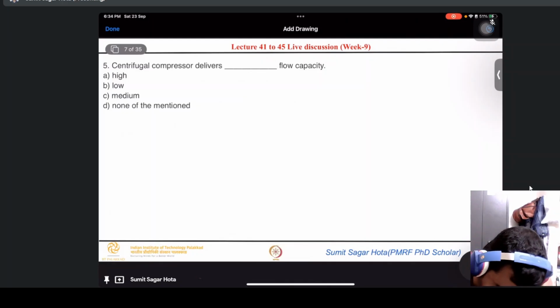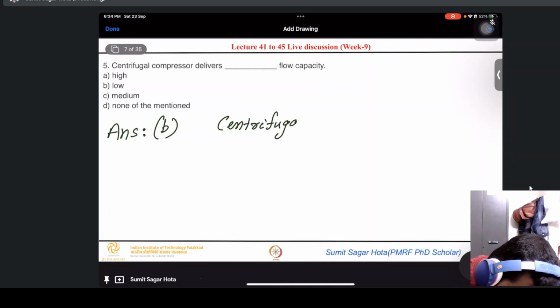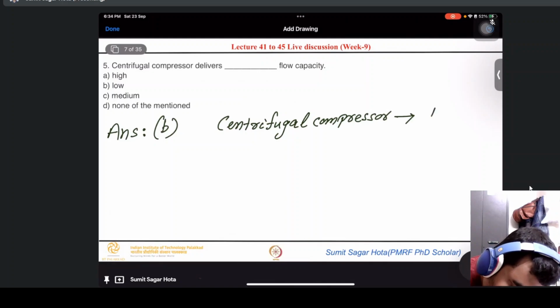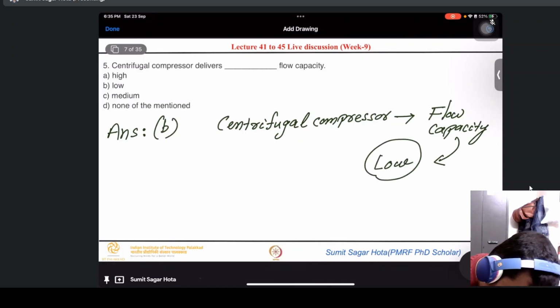For an axial compressor it may be high. Flow capacity, low.